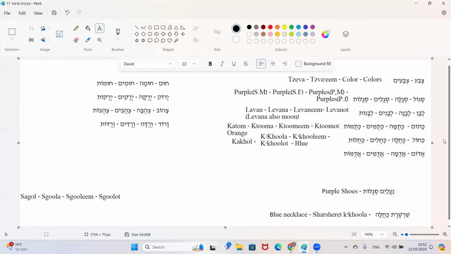Well done, which means female red alone. Adumim. Perfect, which means a group of some things who are male and red. Adumot. Exactly, perfect. Well done, ma'am. A round of applause. Adumot, which means a group of some things or people who are female and red. Okay.